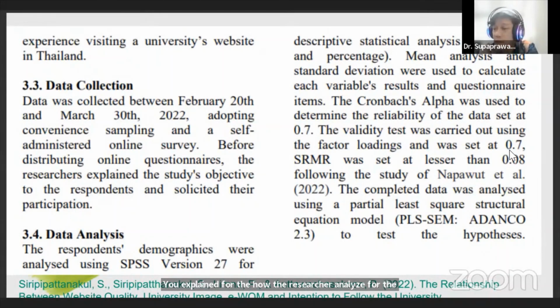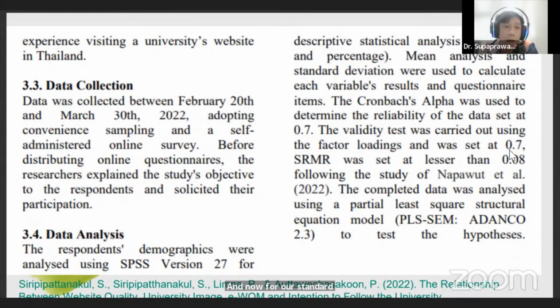In this case, use SPSS version 27 to analyze the descriptive analysis for frequency and percentage, for mean analysis and for standard deviation.